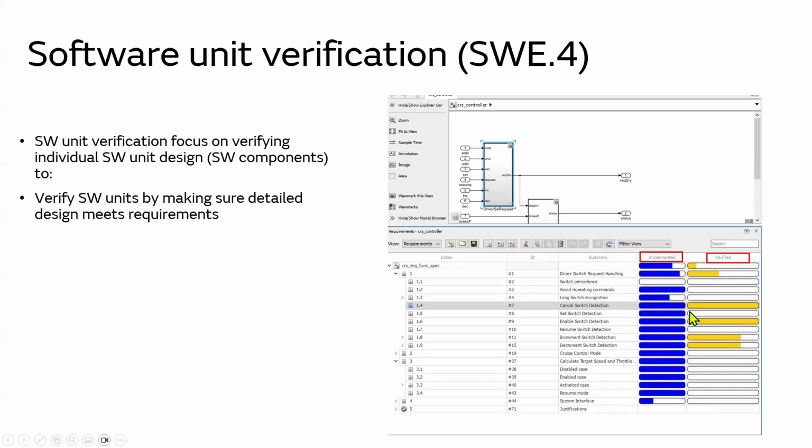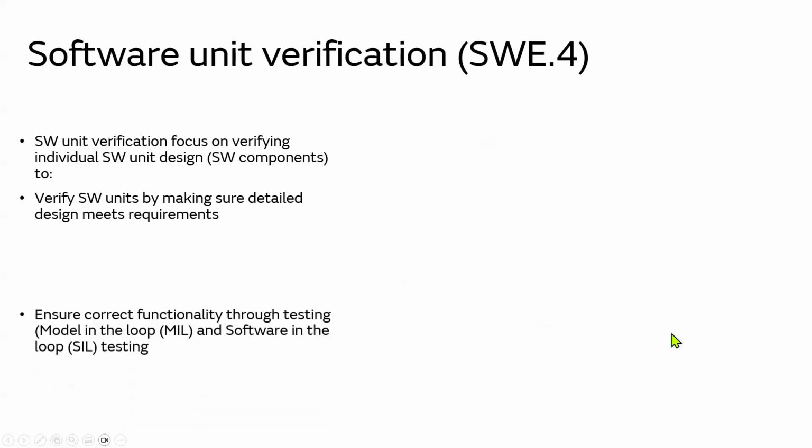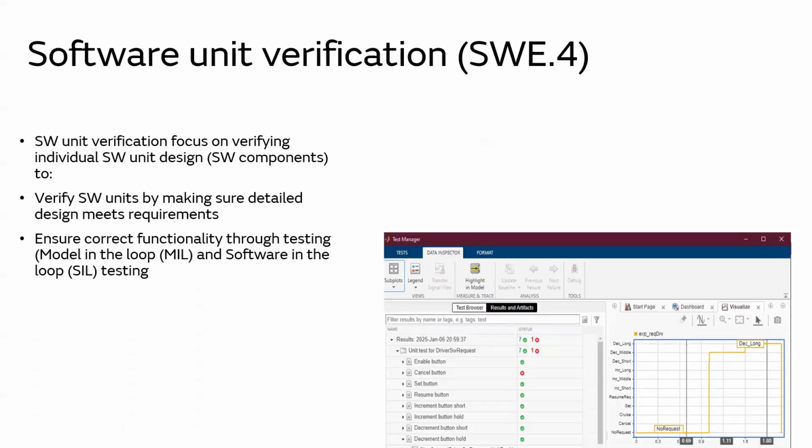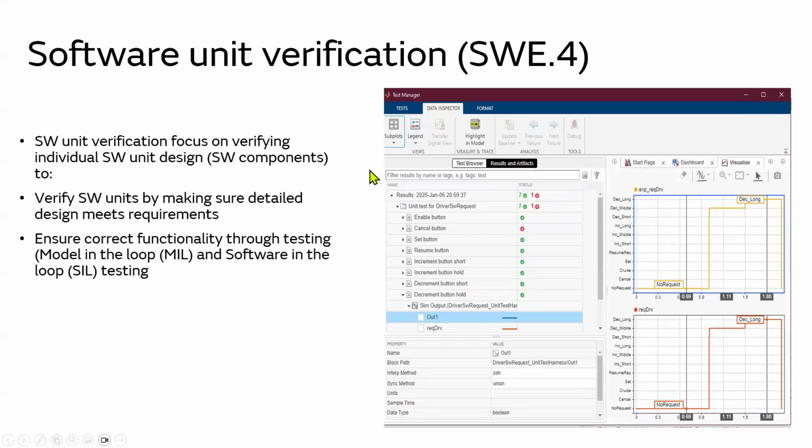To verify these requirements, we need to come up with some test cases. Then we need to ensure we have done model in the loop testing, or MIL testing, and software in the loop testing. Model in the loop testing means that for a given driver software request, we can create different test cases, and these test cases should be driven from the requirement. For example, we may say enable button.